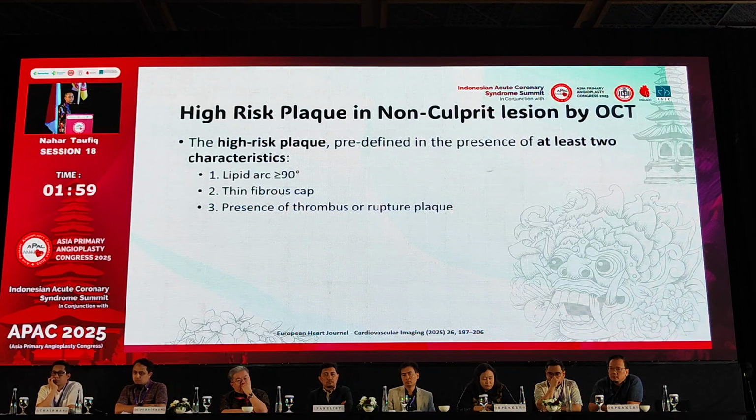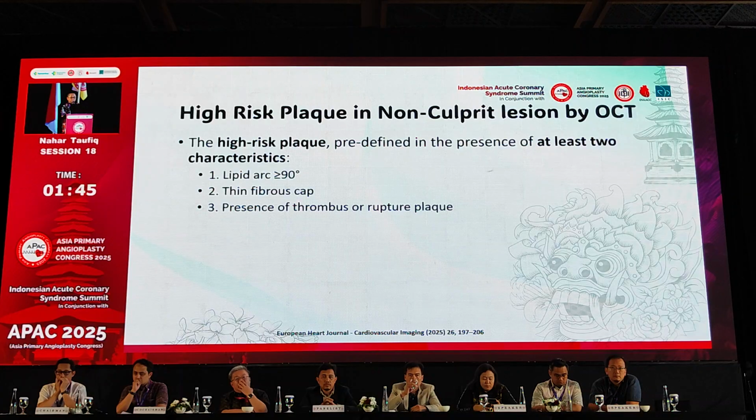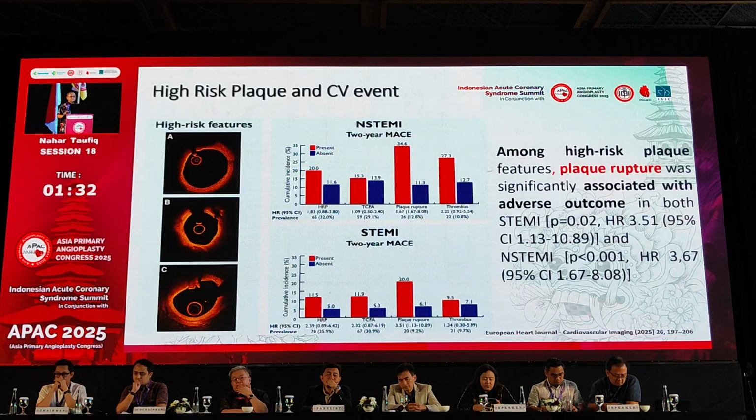For a high-risk plaque in non-culprit lesions by intravascular imaging, especially by OCT, at least we have to meet 2 of the 3 characteristics: lipid arc of more than 90 degrees, a thin fibrous cap, and presence of thrombus or ruptured plaque.